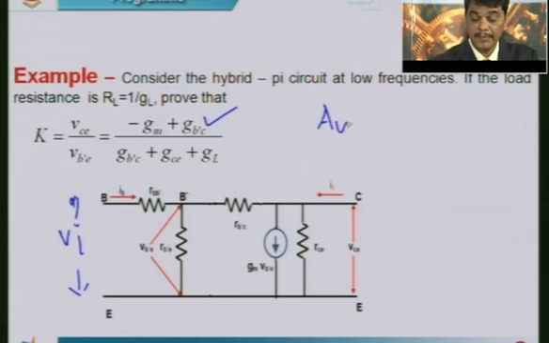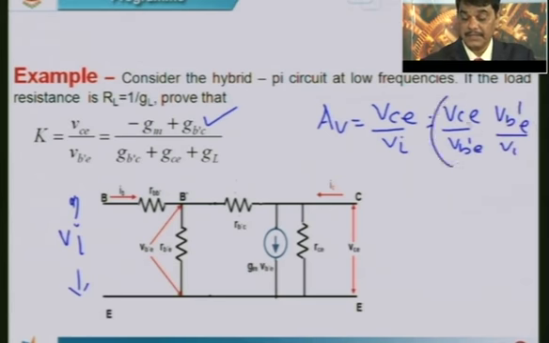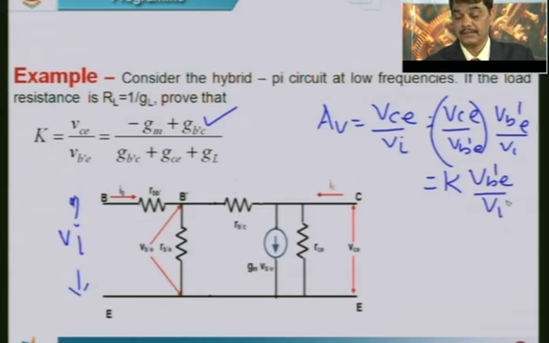Instead of deriving from the beginning, we can start with AV equal to VCE by VI. There is no direct relation, so this can be written as VCE by VB'E into VB'E divided by VI. This is nothing but K into VB'E divided by VI.